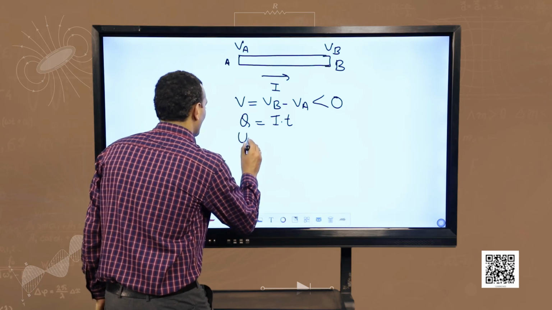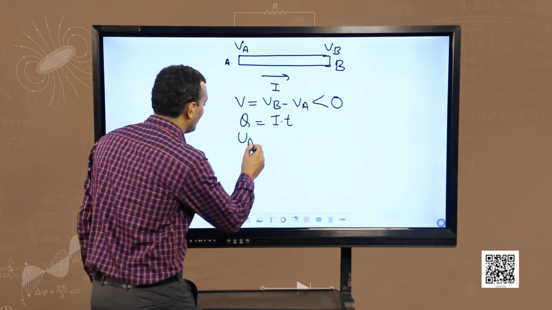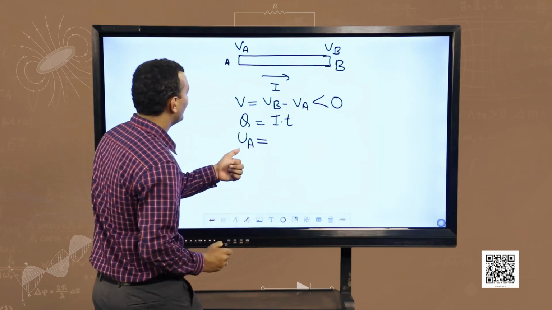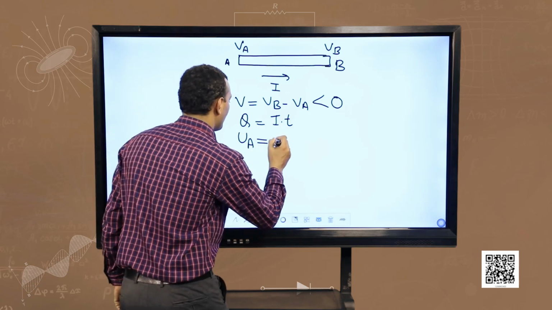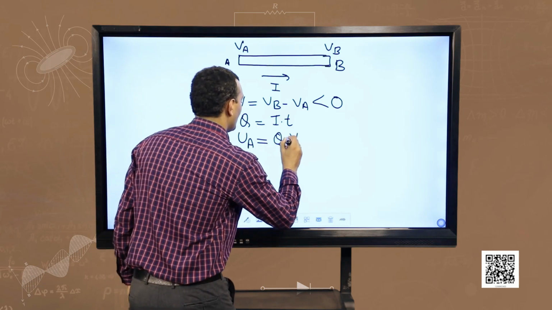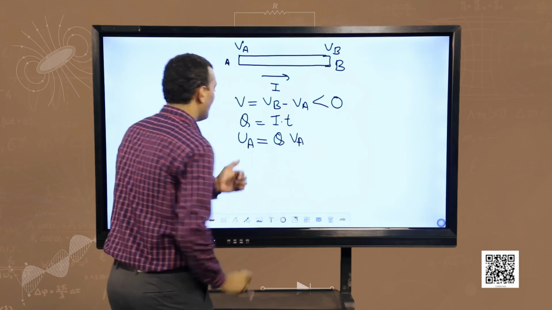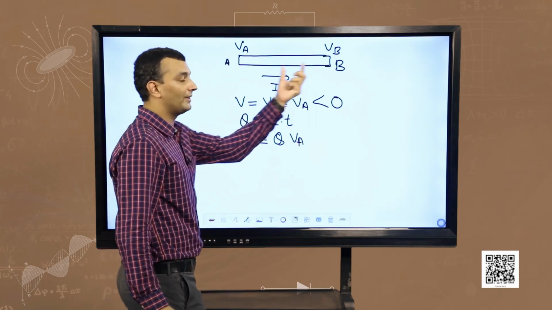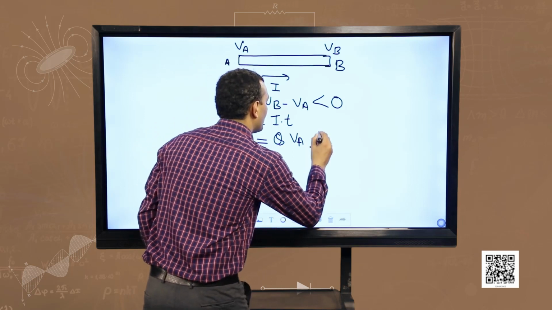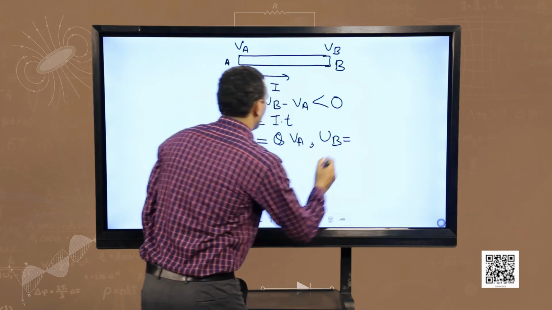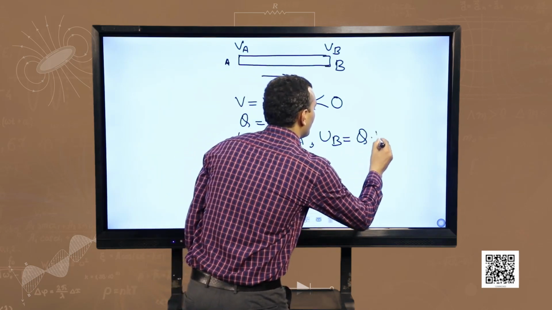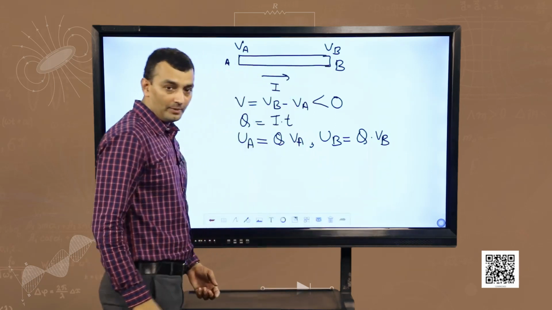Let that potential energy be UA. From the definition of potential energy, this will be Q into VA, whereas the potential energy of the same charge when it reaches B becomes UB, which is Q into VB.